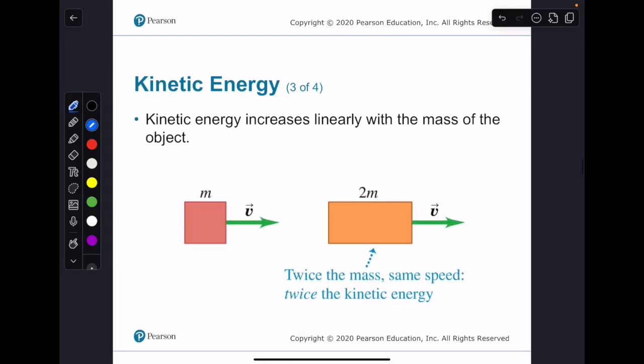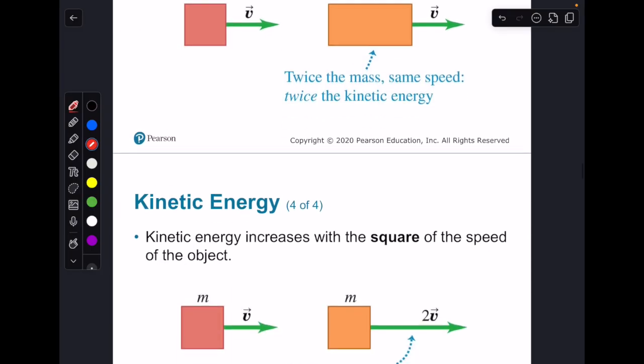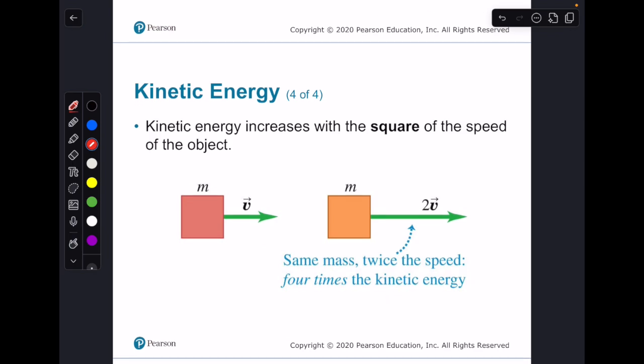Kinetic energy increases linearly with mass. Obviously, as mass increases, kinetic energy will increase as well. In terms of velocity, kinetic energy increases with the square of the speed. So if we increase v, then K is going to be increased by a square.